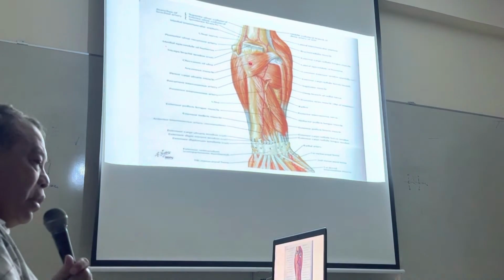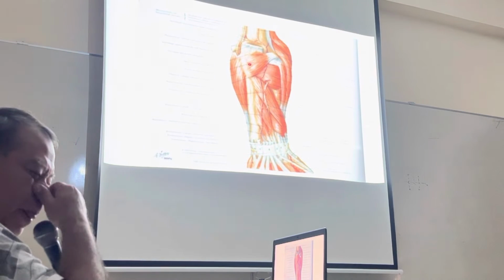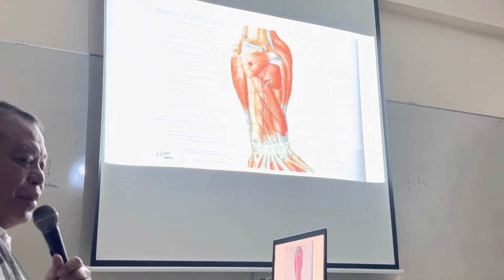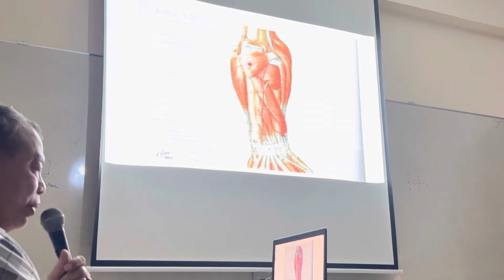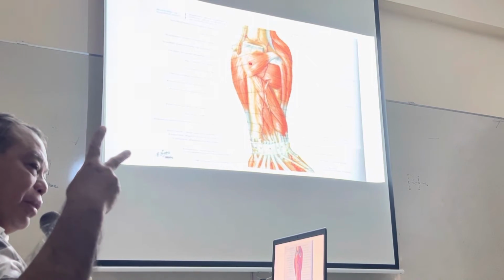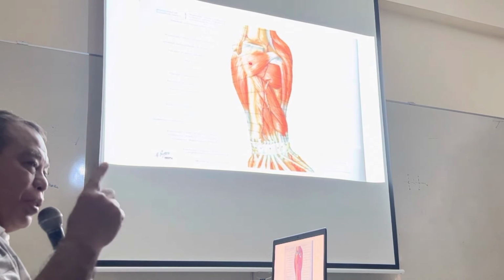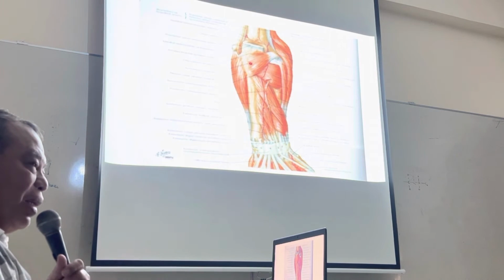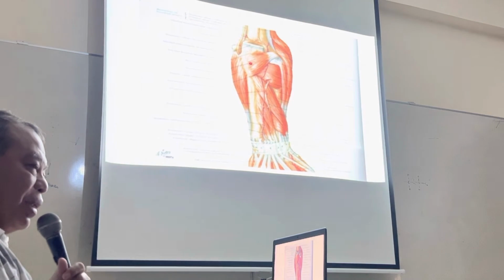Now take note of this. The so-called supination or pronation occurs on what joint? Elbow? Wrong. What joint? Supination and pronation occur in two joints. Which joints?